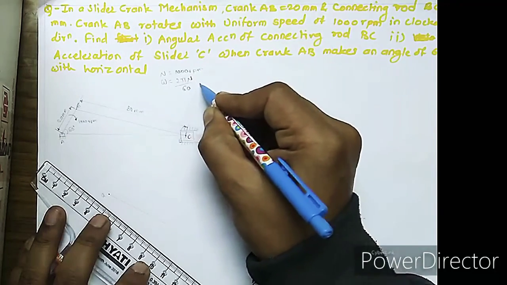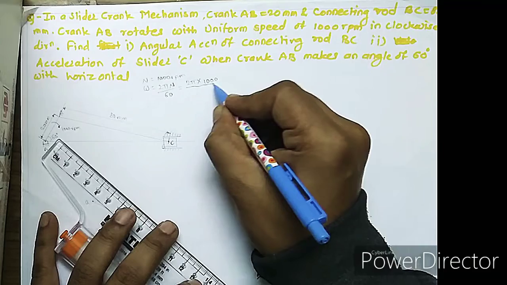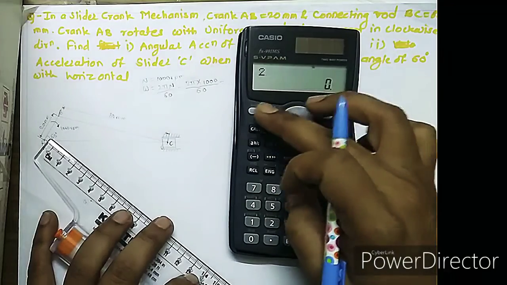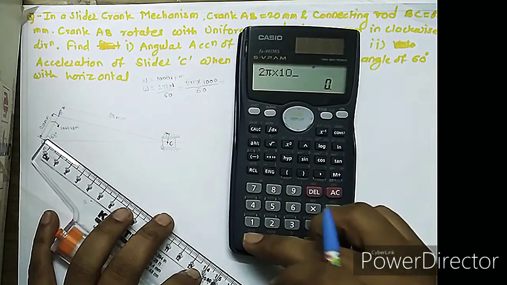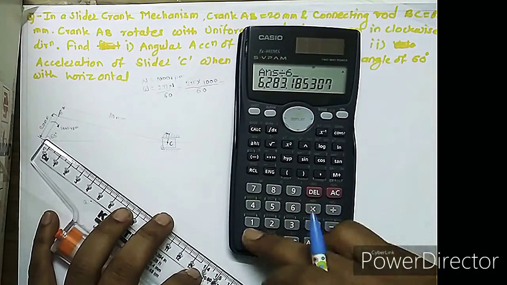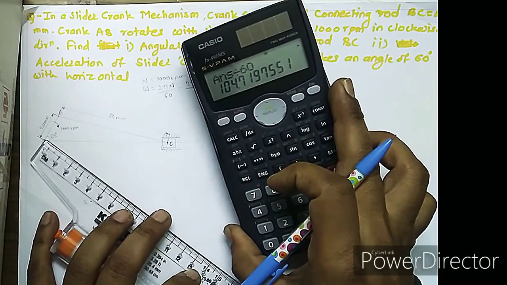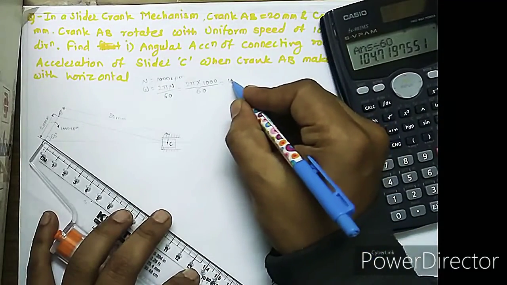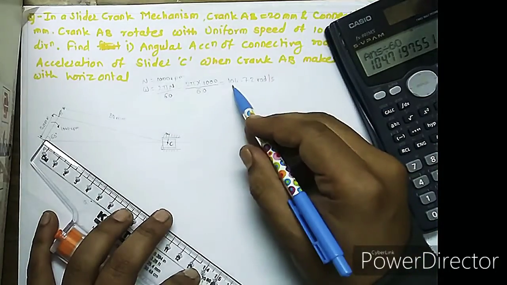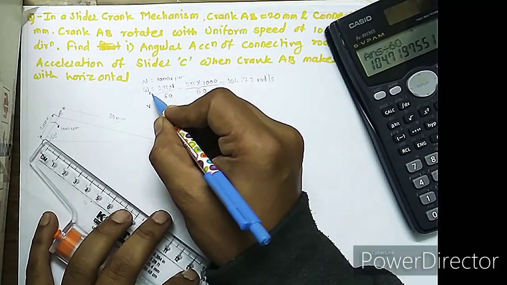Omega is equal to 2 pi N by 60, equal to 2 pi into 1000 divided by 60, equal to 104.72 radian per second. Now 104.72 radian per second is omega AB.